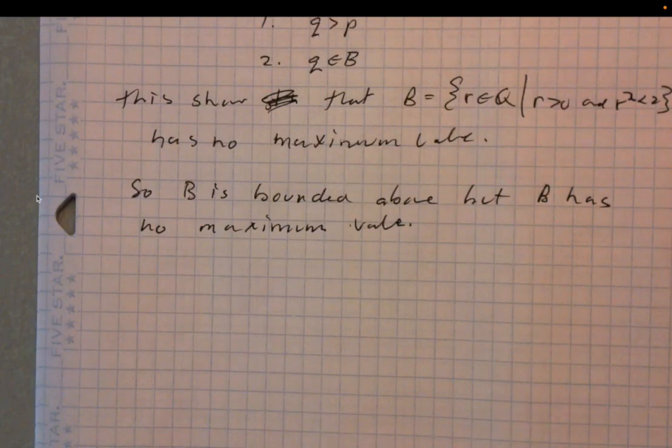It's a seemingly simple set, but now we have shown that while it's bounded above, it has no maximum value. There's no element in B that is the largest. Okay, very good.